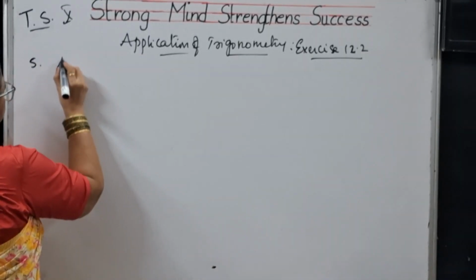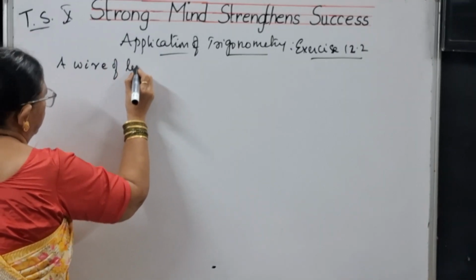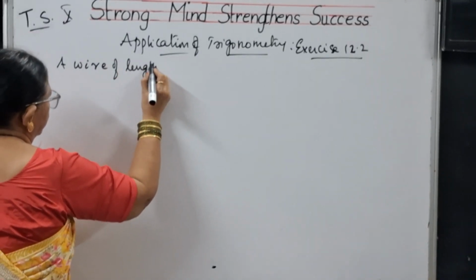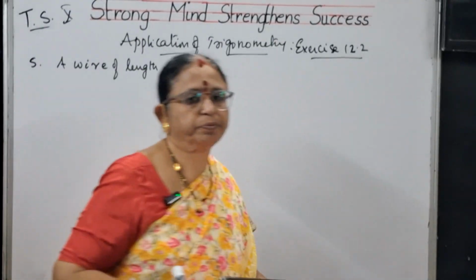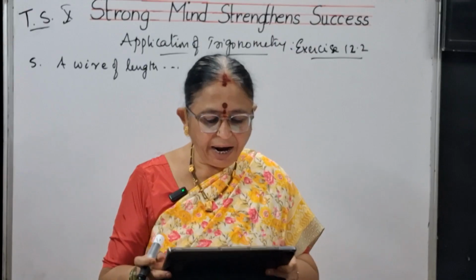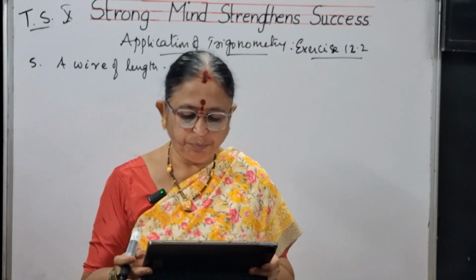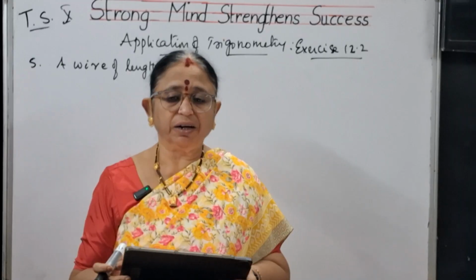A wire of length. Problem goes on like this. Let me read the problem. A wire of length 18 meters had been tied with an electric pole at an angle of elevation of 30 degrees with the ground.